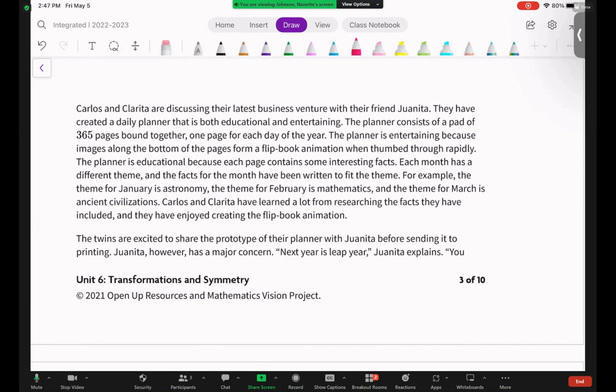The planner is educational because each page contains some interesting facts. Each month has a different theme, and the facts for the month have been written to fit the theme. For example, the theme in January is astronomy, the theme for February is mathematics, and the theme for March is ancient civilizations.